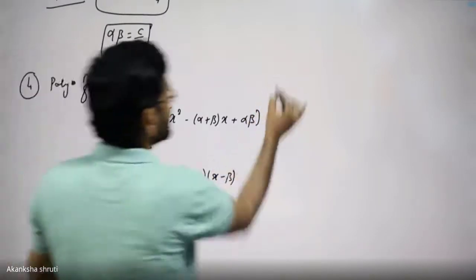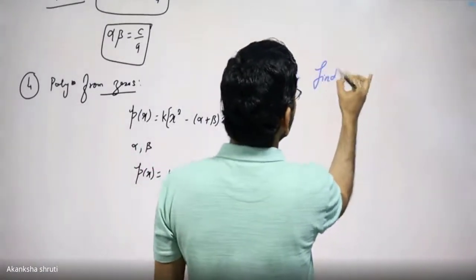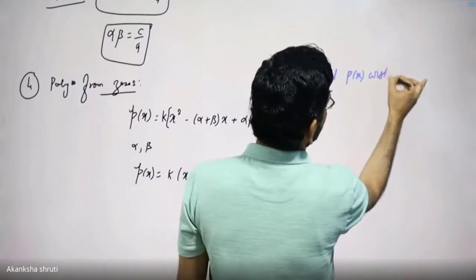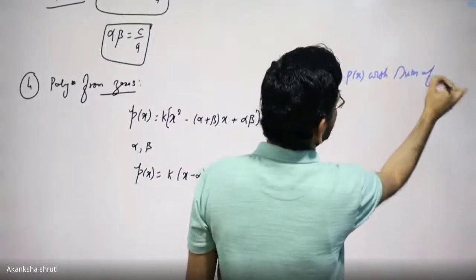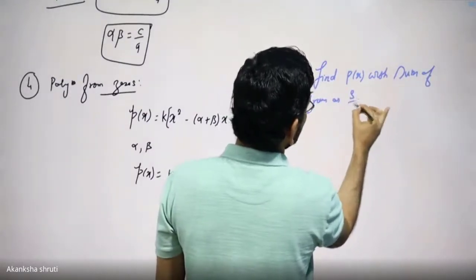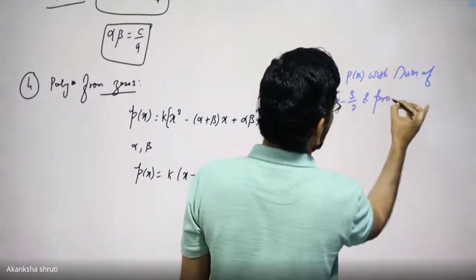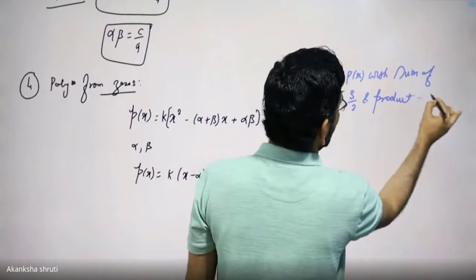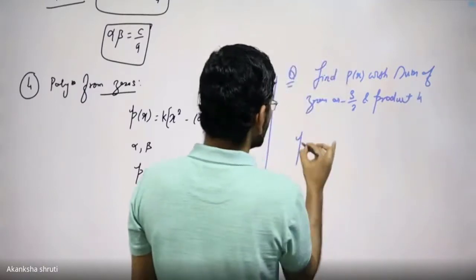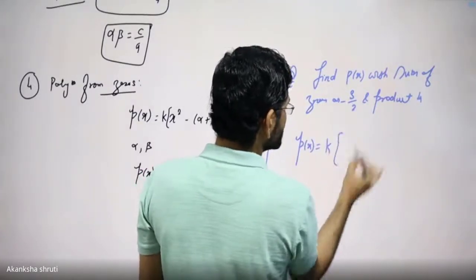Questions are very simple. How is the question? Find the polynomial p(x) with sum of zeros as minus 3/2 and product as 4. So what will be that polynomial p(x)? The formula is: take the constant k.